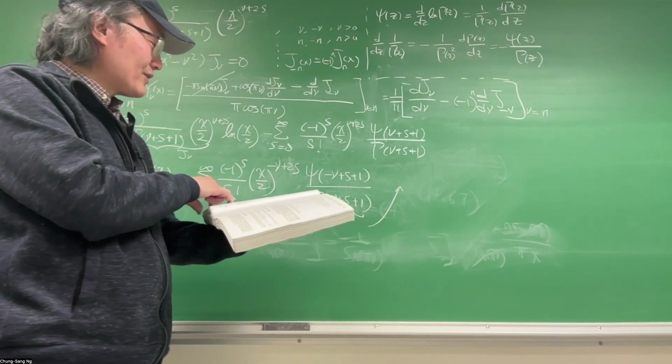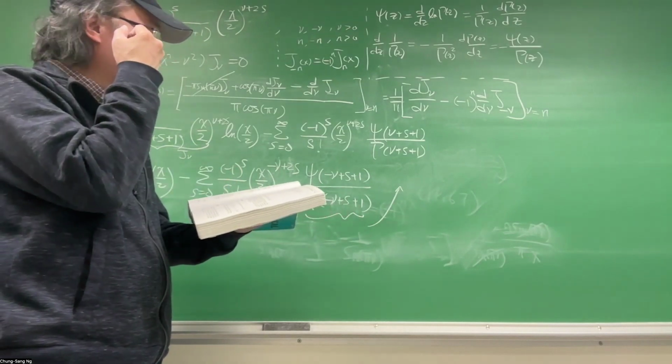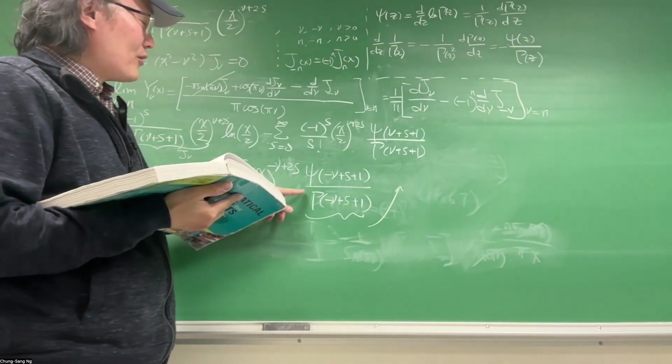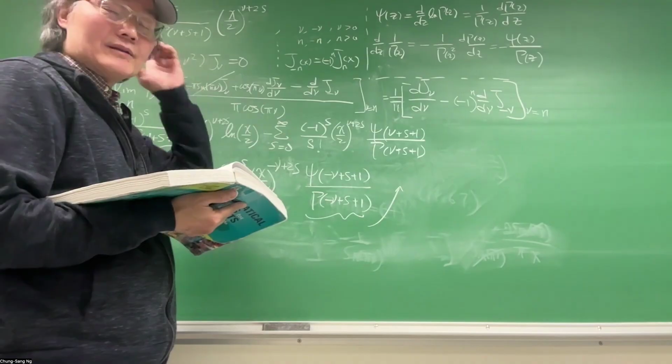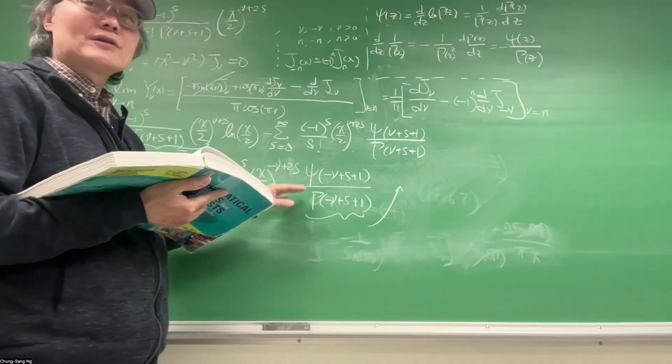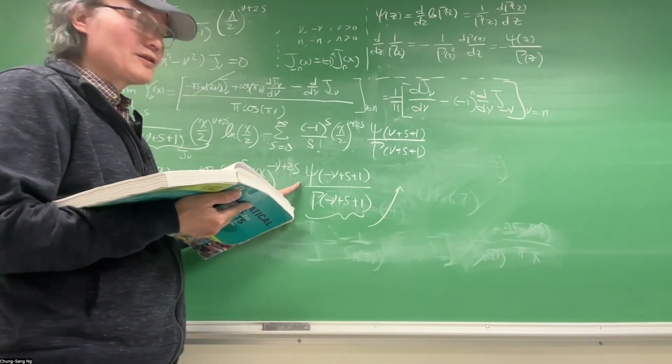You can take the derivative, but another way to do it is, because you see that both are simple poles of the same order, we can actually just take the ratio of the residues.